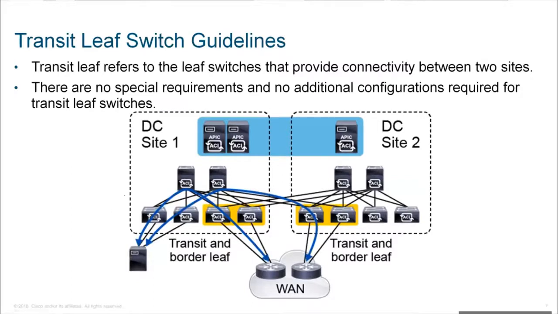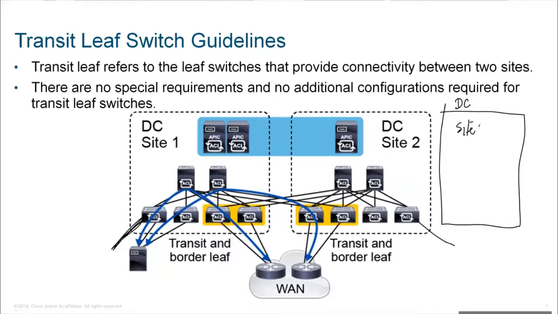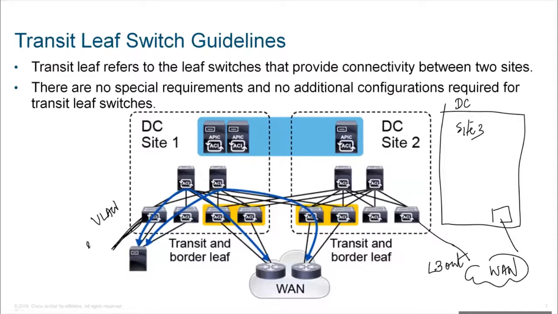So if I had one, and then maybe a third data center also, and a leaf here, and they are all connecting to the WAN environment, and it's part of the same layer 3 out, and each one of these uses the same VLAN encapsulation for the SVI.